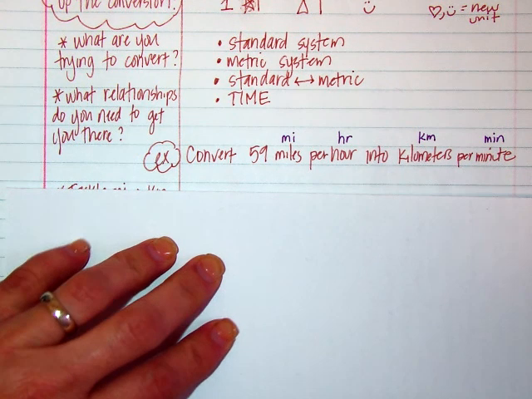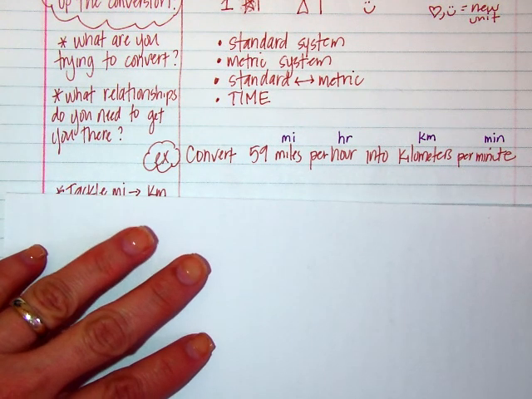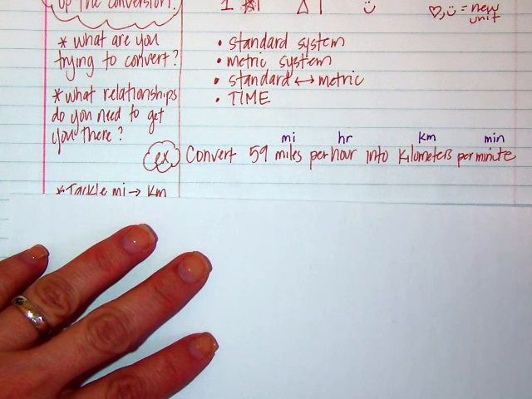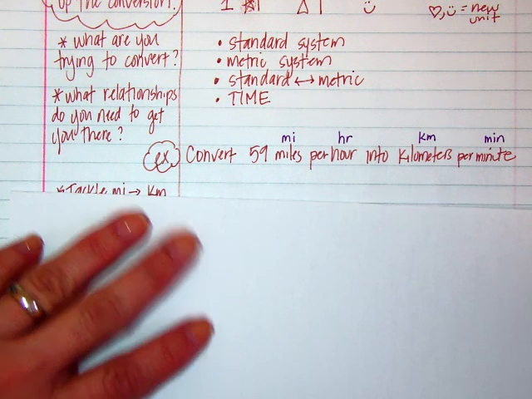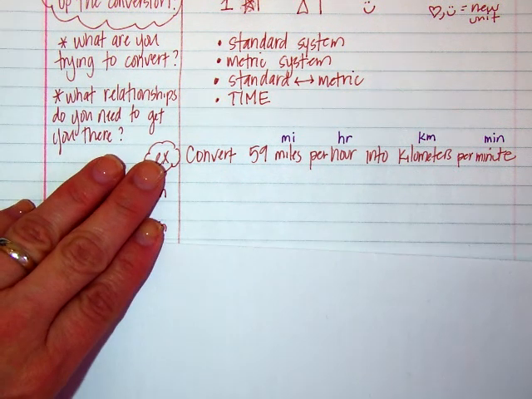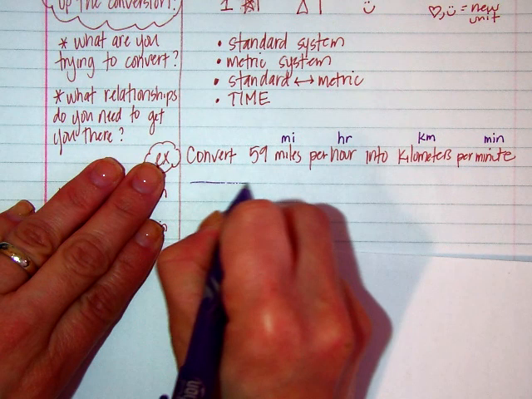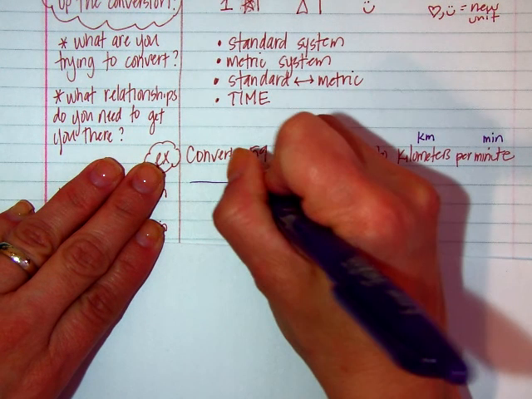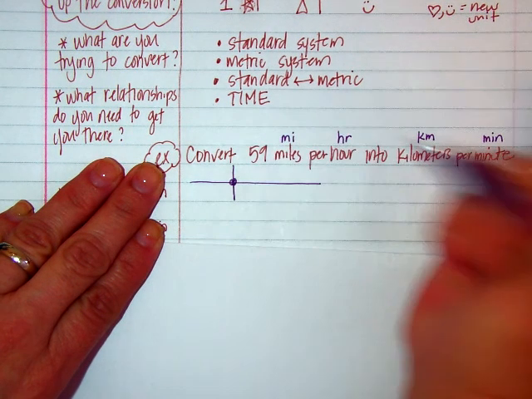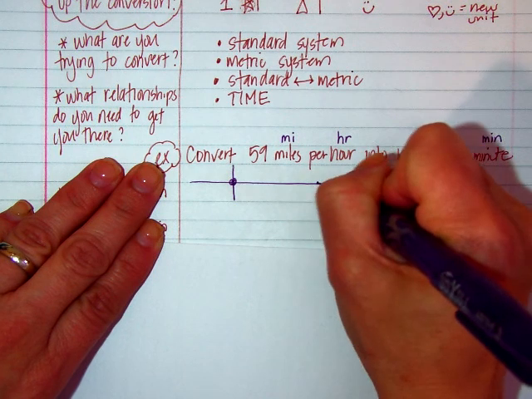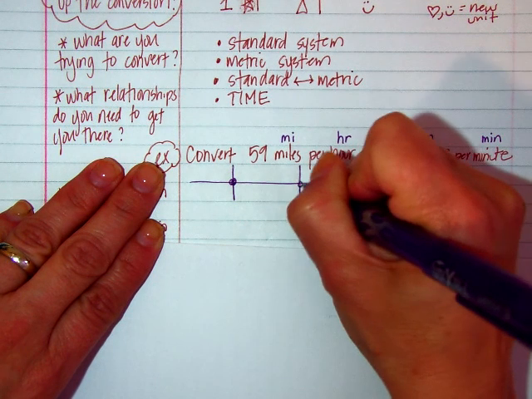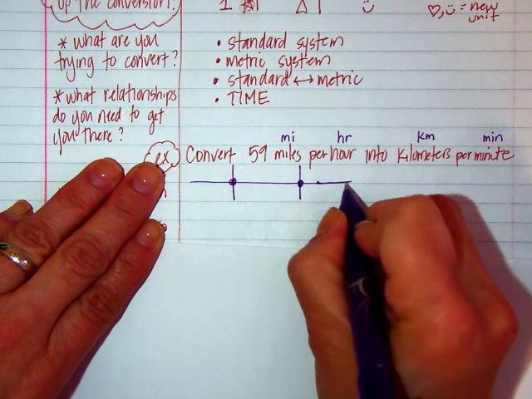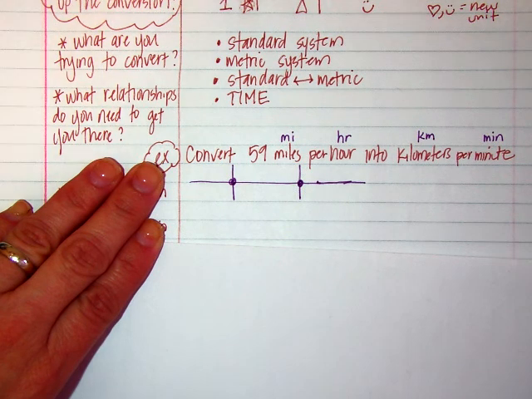So we're going to be setting this up in the same way that we did before. That means that we're going to start with our fraction. And this time I'm going to have 3. Sometimes we can have 4 or 5, depending on what relationships we need.